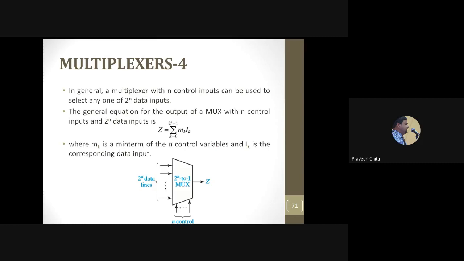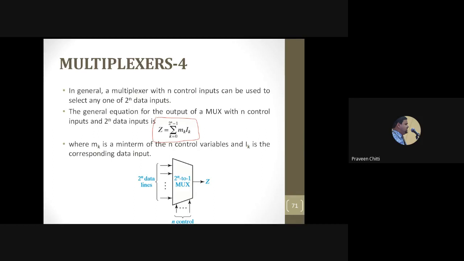Then the general equation for the output of the mux can be written as follows, where mk is the min term of the n control variables and ik is the corresponding data input. Already we have discussed min terms, right? Min terms are nothing but fundamental product terms.